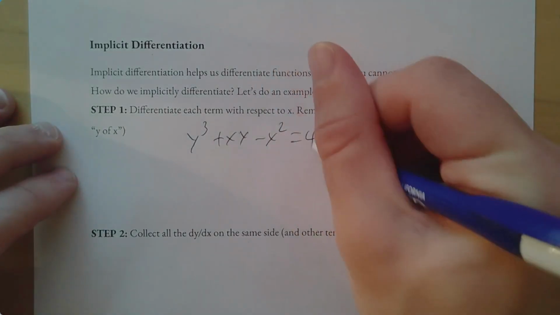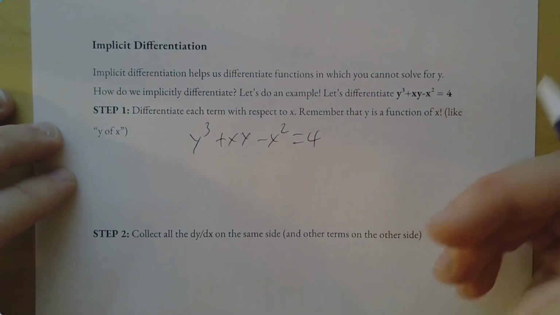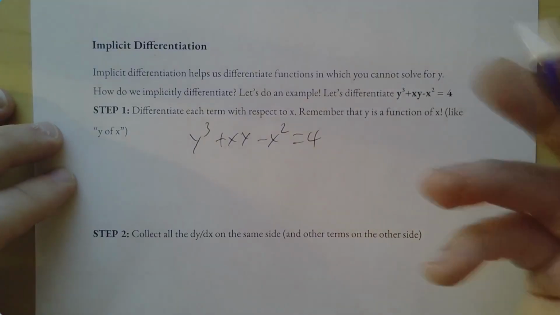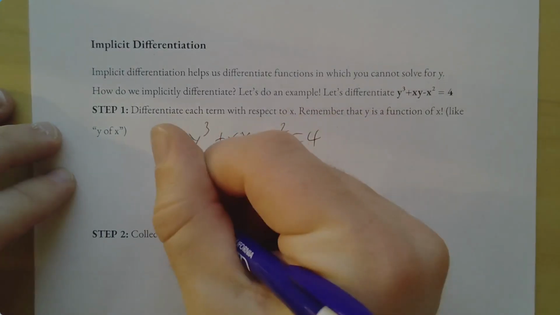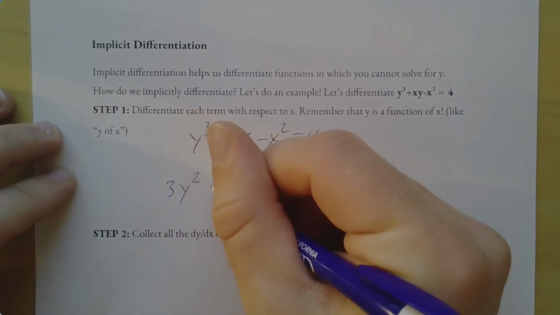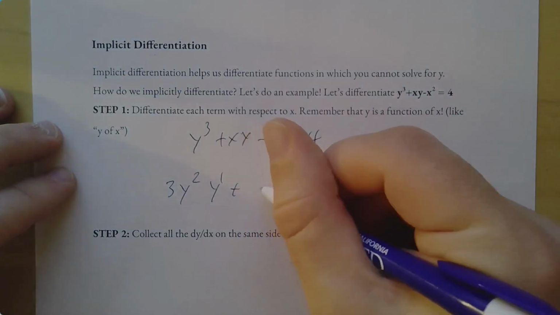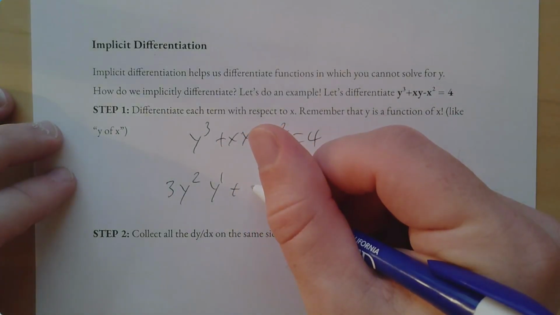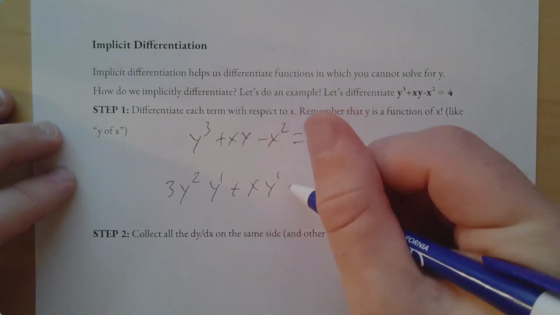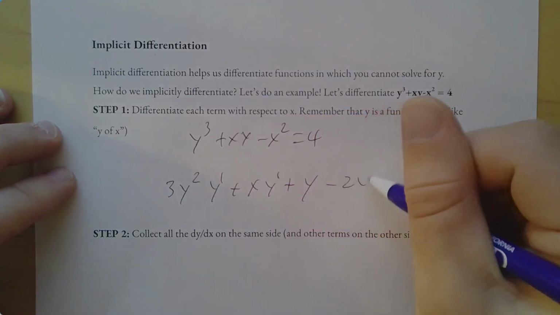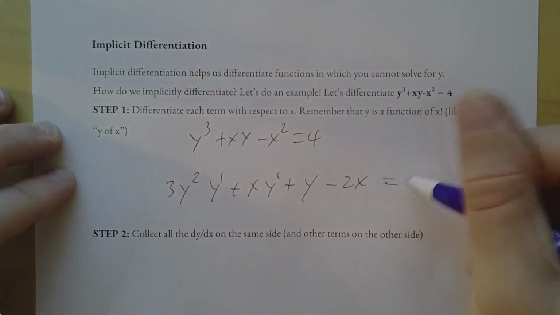You just differentiate across, but every time you differentiate y, you have to multiply it by a dy/dx or a y prime, whatever you prefer. So it's going to be 3y squared y prime plus, and here you have to do a little product rule, x y prime plus y, minus 2x equals 0.